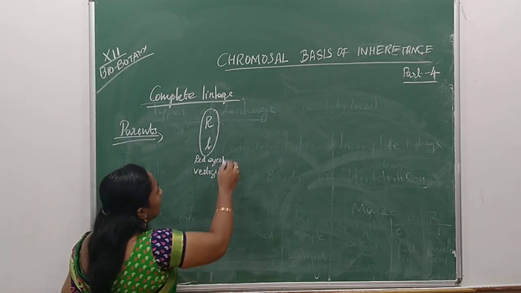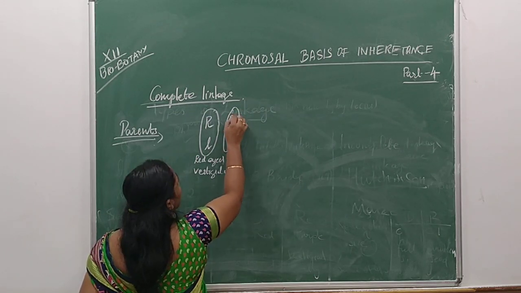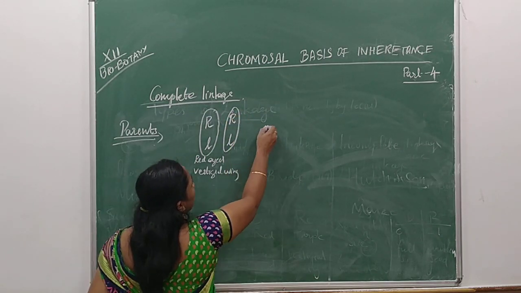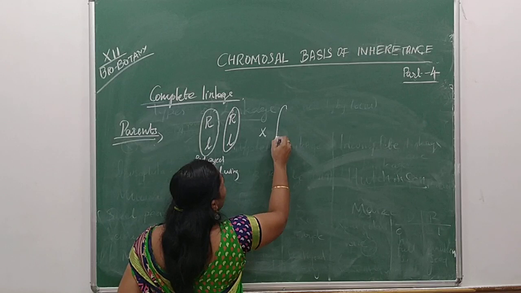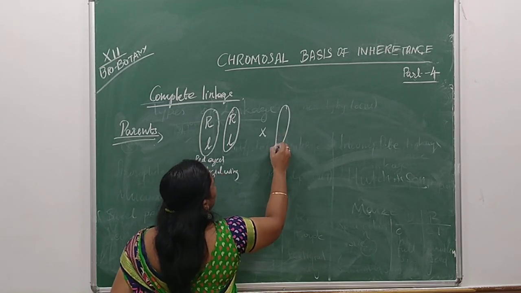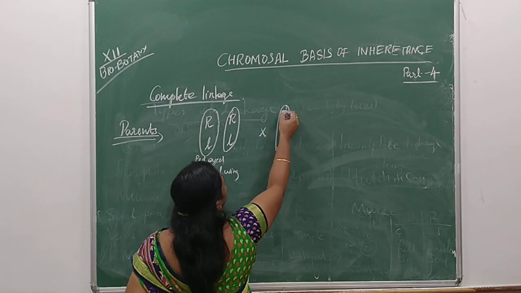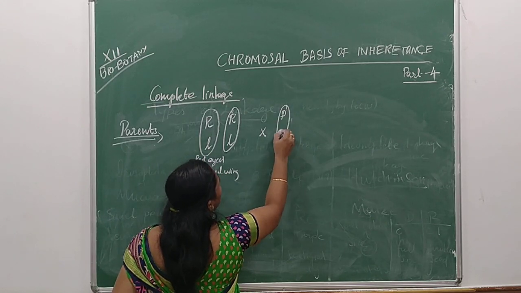Okay, a homozygous parent. So he crossed with the recessive parent. So the parent will have purple eye color with long wing.